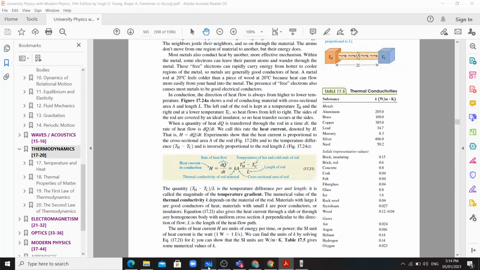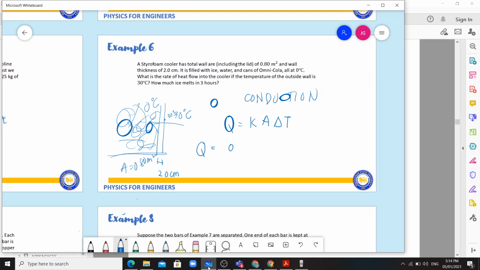Okay, 0.027 watts per meter Kelvin. Is that right? Okay. It's delta T over X, actually. Over X.